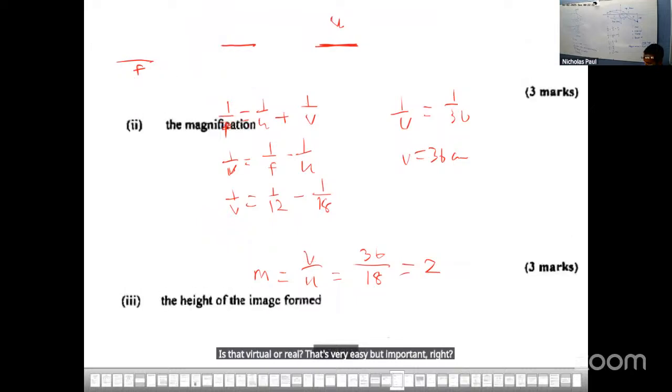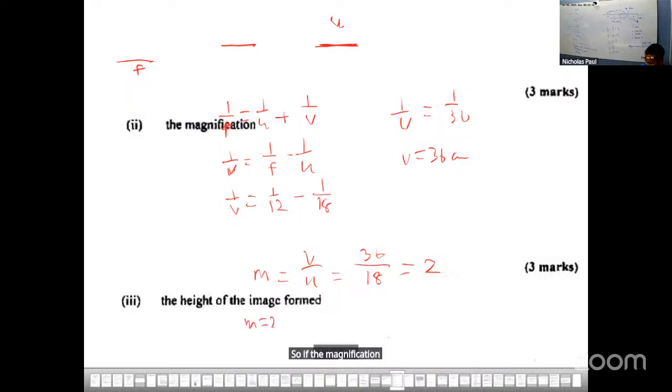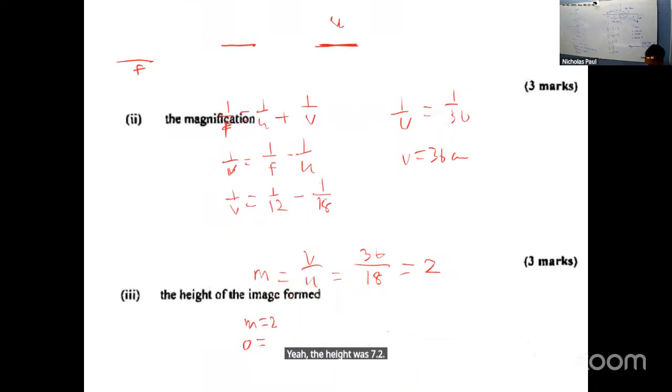Next, find the image height. What's the formula we're going to use for image height? The magnification is 2, and the object height was 7.2. Josh, what's the image height?